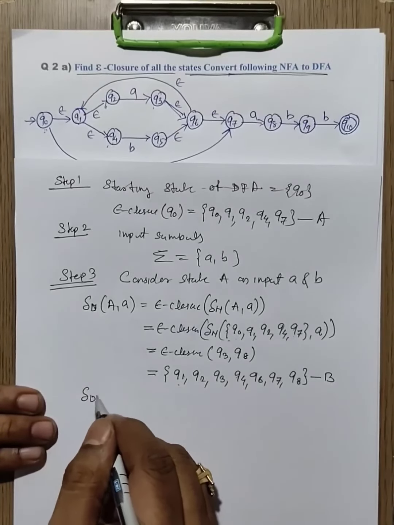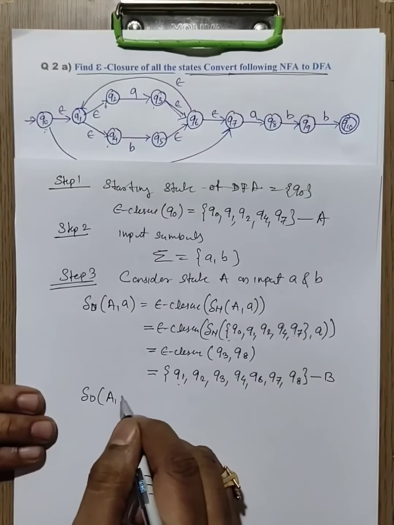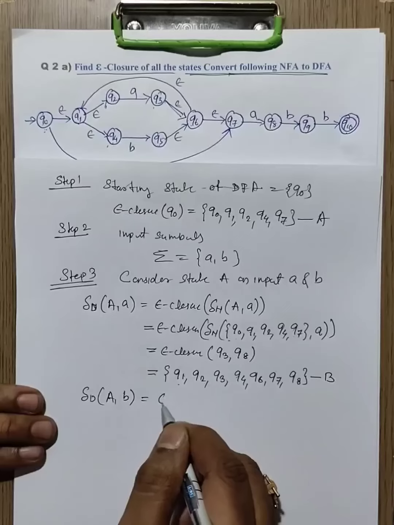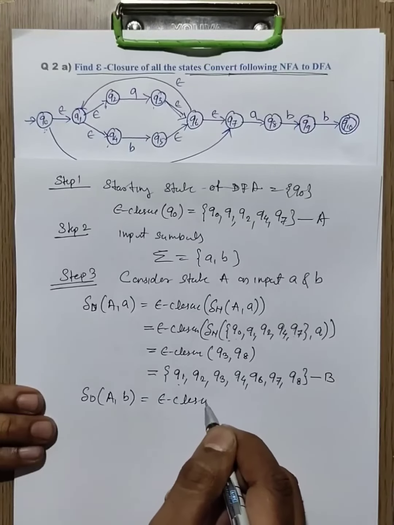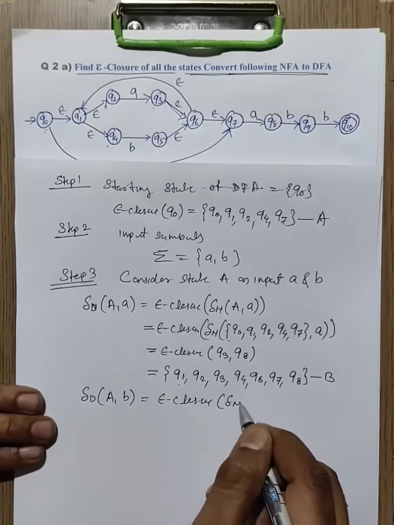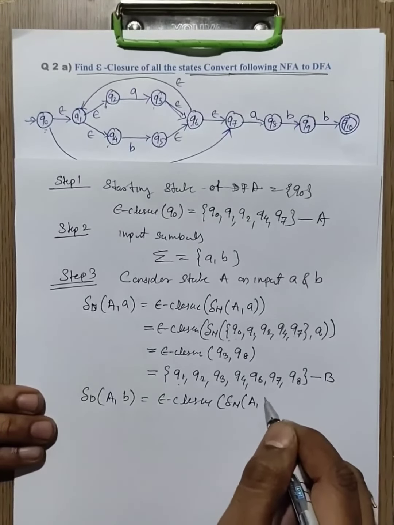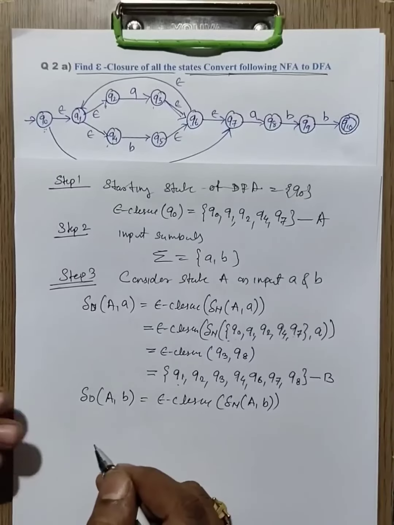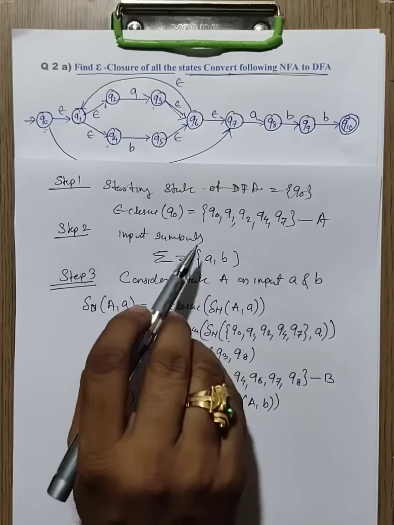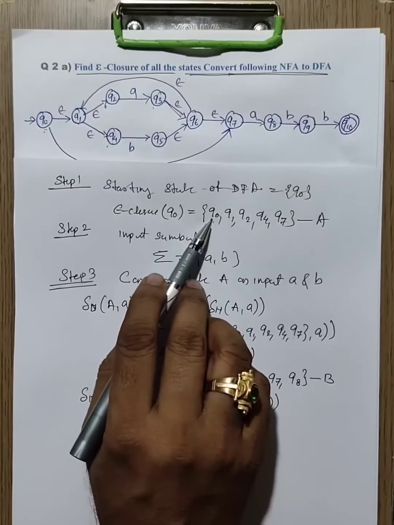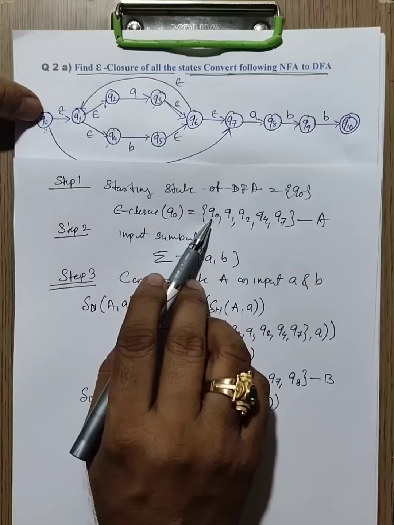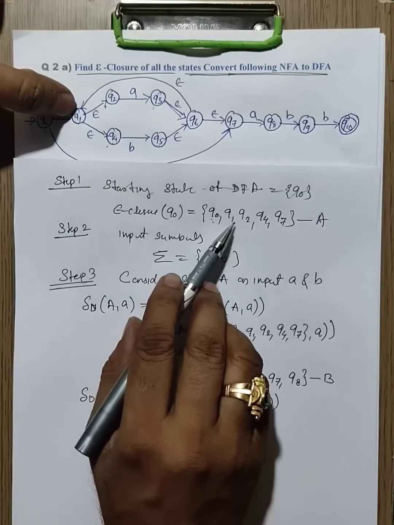Next, A on B. Q0 on B: there is no transition. Q1 on B: no transition.